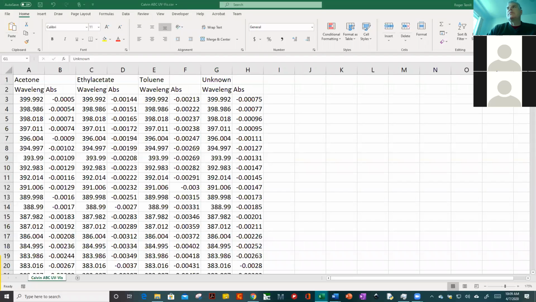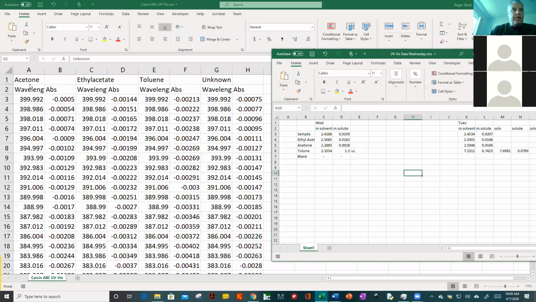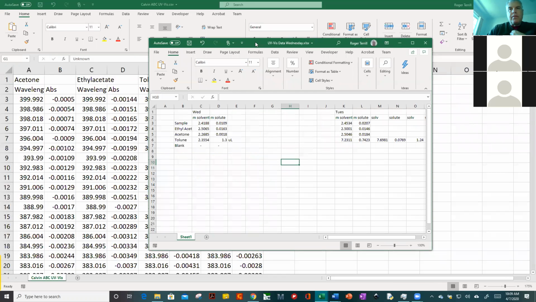And then a standard dilution of these three was made, and then the absorption spectrum was measured. And then the same standard dilution was made using the unknown mixture. Let's just get this data together, and then we can go through it.